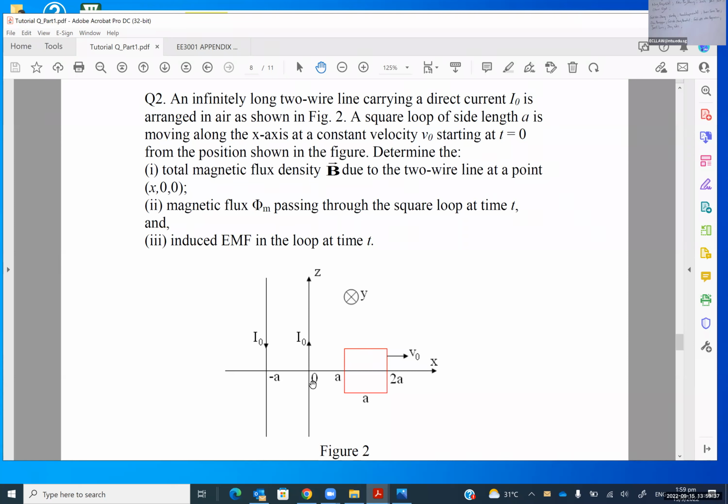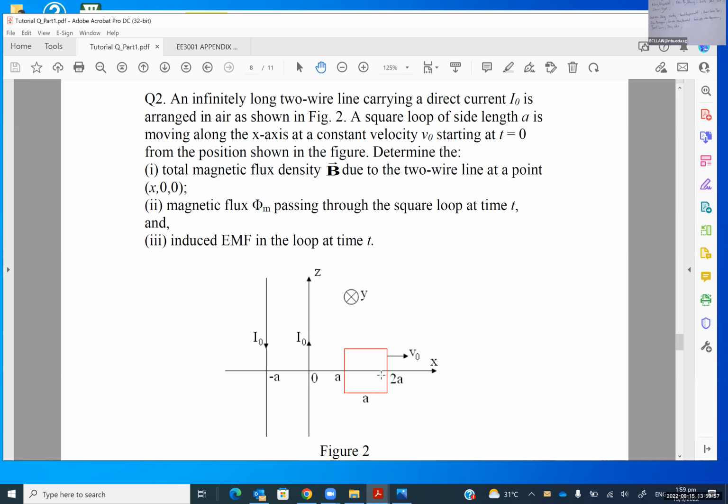Obviously, because you pass some current through these two wires, they generate a magnetic field. That results in some magnetic flux density in this loop, and hence magnetic flux in this loop.